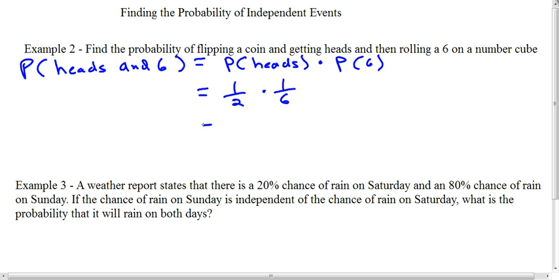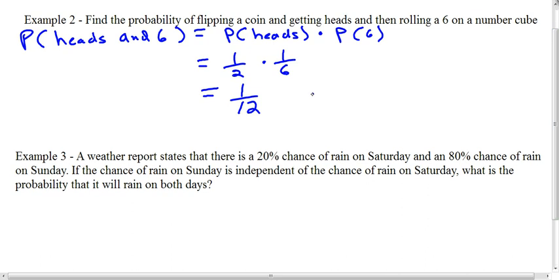So we multiply, and we're going to get 1 times 1, which is 1, and 2 times 6, which is 12. So the probability of getting heads and 6 is 1/12. All right, hope you got that. If you did, give yourself a pat on the back and a check.